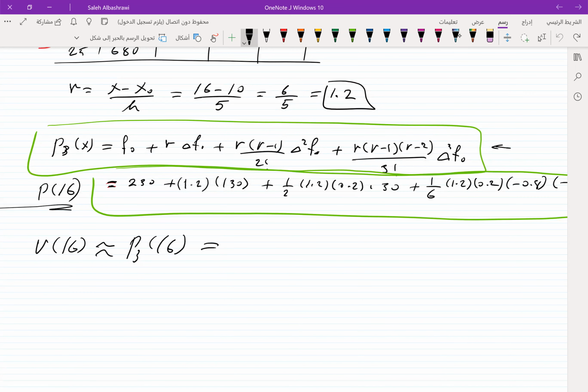We need to use the calculator to find this one. This is 230 plus 1.2 times 130, which is equal to 156. Plus 0.5 multiplied by 1.2 times 0.2 times 30, which equals 3.6.